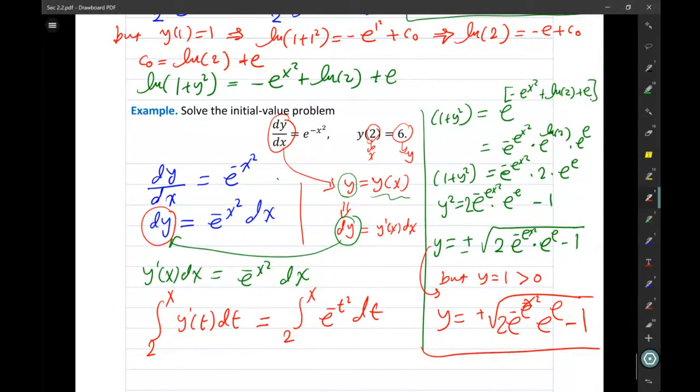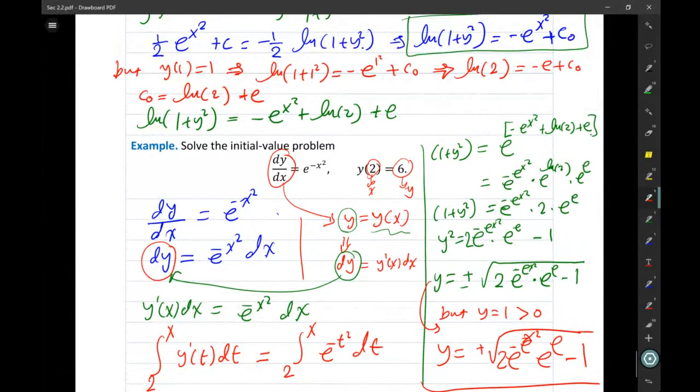Okay, once again, we want to continue. We want to solve the equation dy by dx is equal to e to the power minus x squared, with y of 2 equal to 6. Now dy by dx means that y is a function of x.